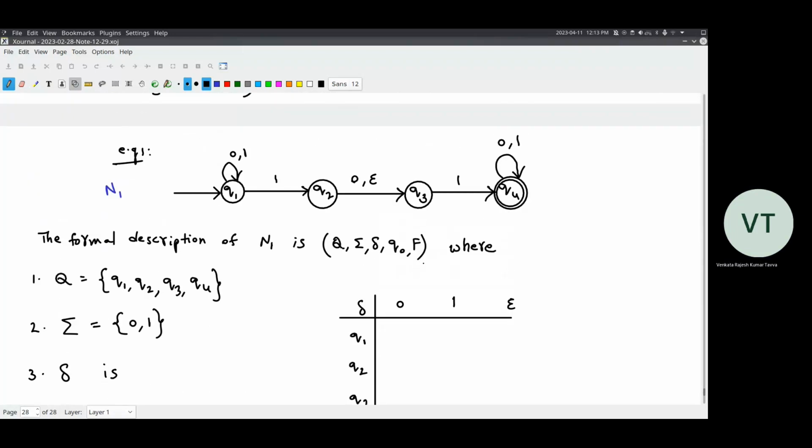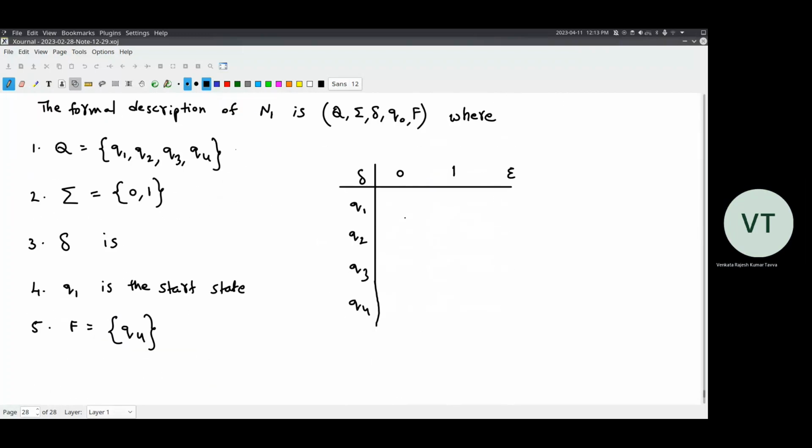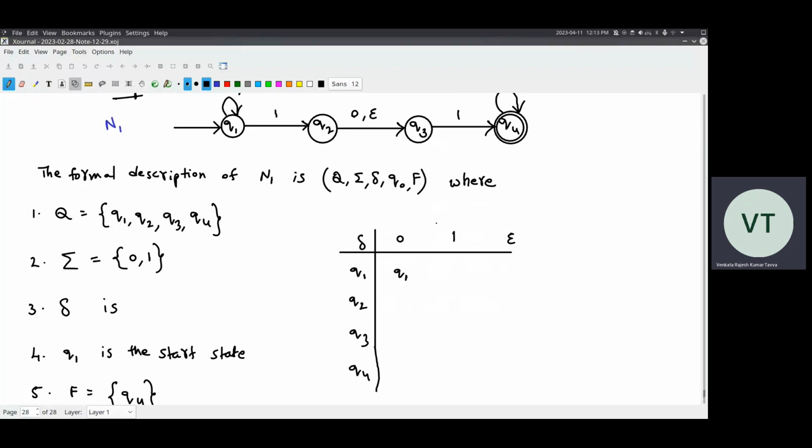Now, Q1 on 0 goes to Q1. Is this right? Let me show the next one, you will understand.